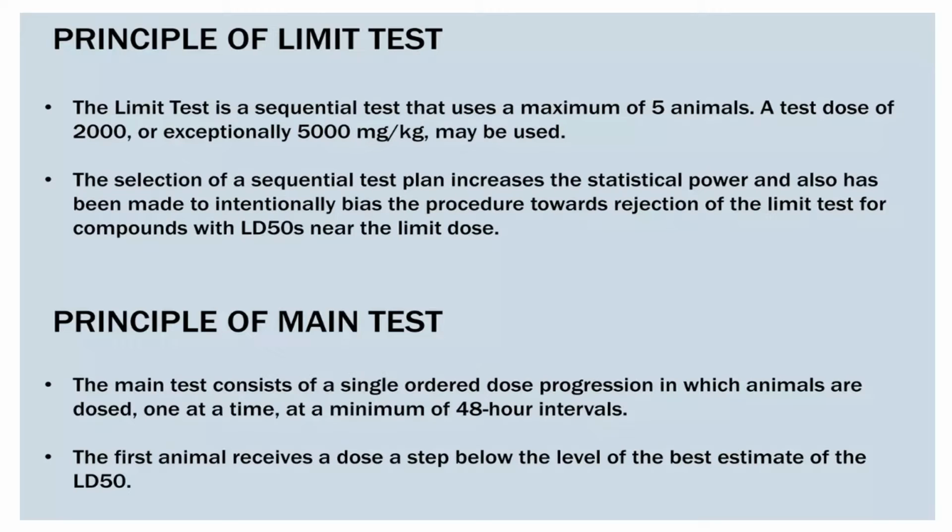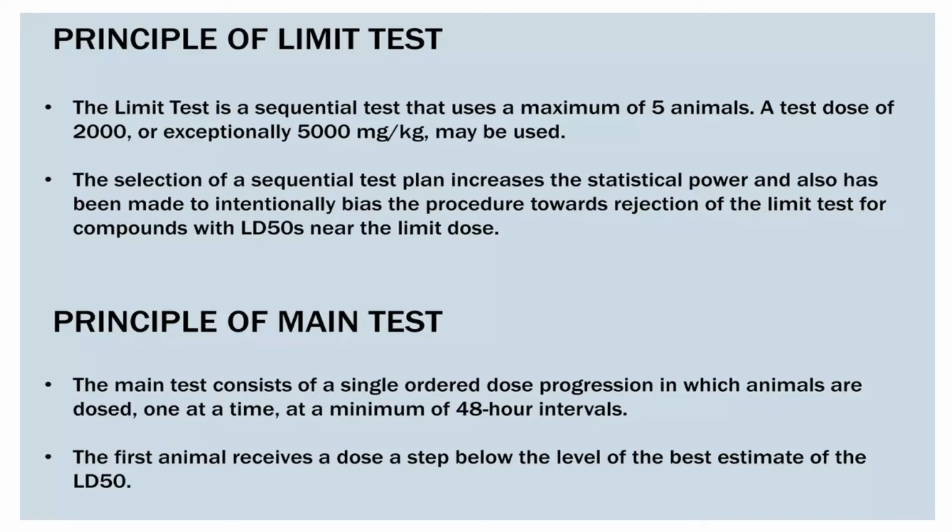We first give one animal, and then wait for a 48-hour interval. Then we dose the second animal at 2000 mg per kg, then the third, and likewise sequence-wise. Suppose the first animal dies, then we have to stop.